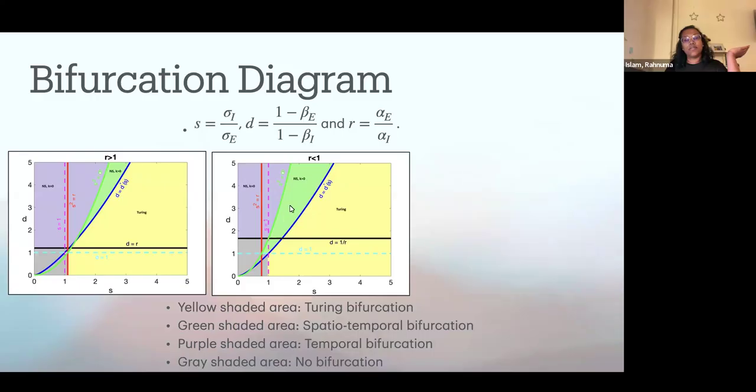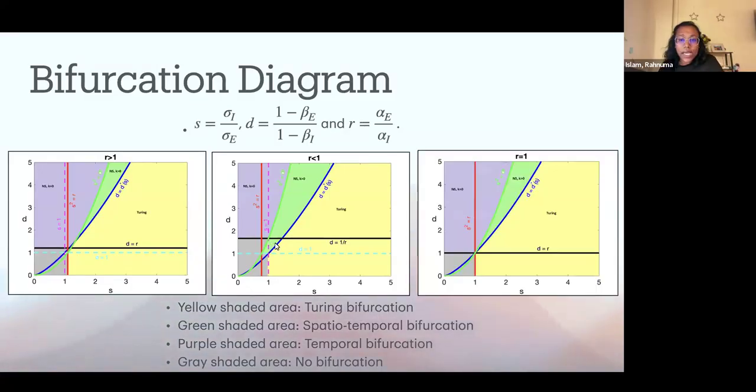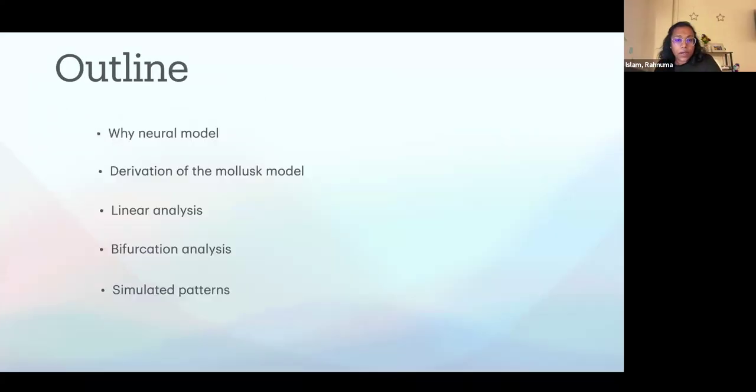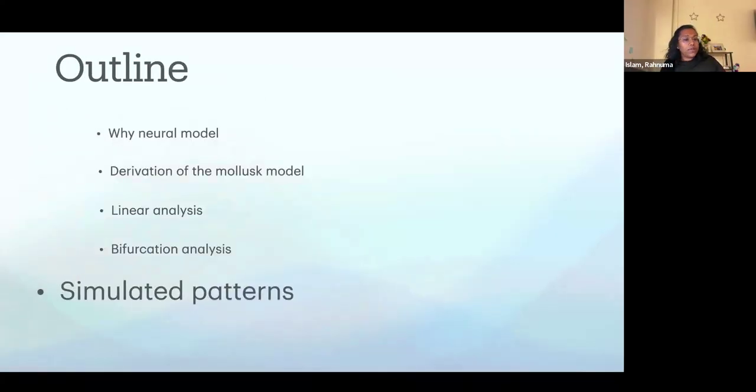The only thing that changes is the spatiotemporal bifurcation, where we can see that there is a possibility that it will occur when D is less than 1. And for R equal to 1, these results are similar to R greater than 1. So the last thing we will do is show you the simulated patterns now.